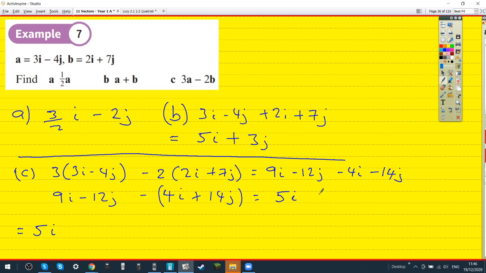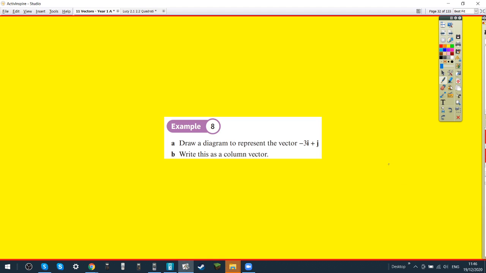So would it just become minus 12j minus minus, or just minus 14? Just minus 14. So it'd become minus 26j. Because in here you have minus both of them, that's the bit that everyone loses. So I wouldn't expand the first, I just write it in brackets because that's the stuff you're already good at. Grand.